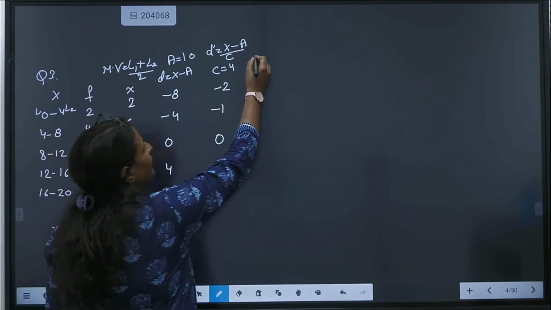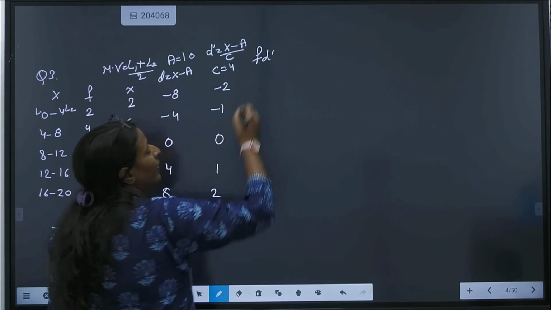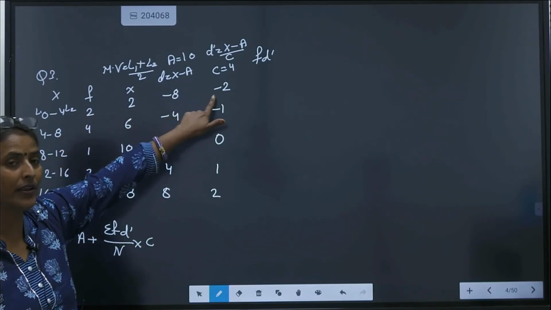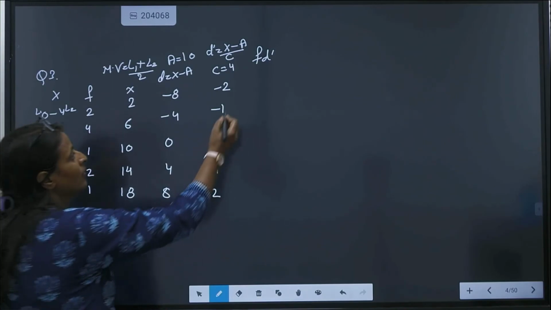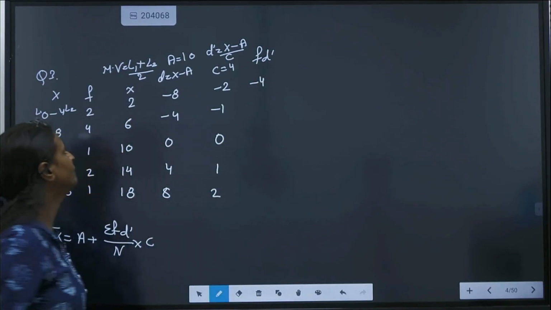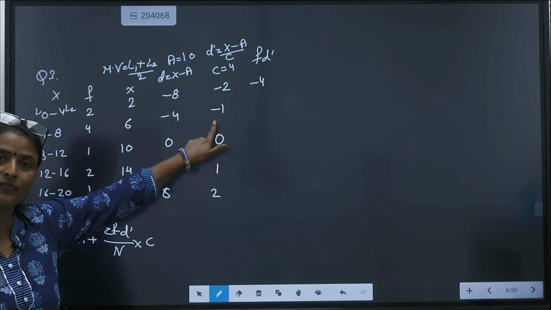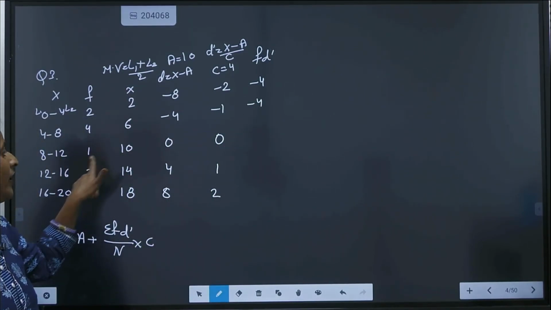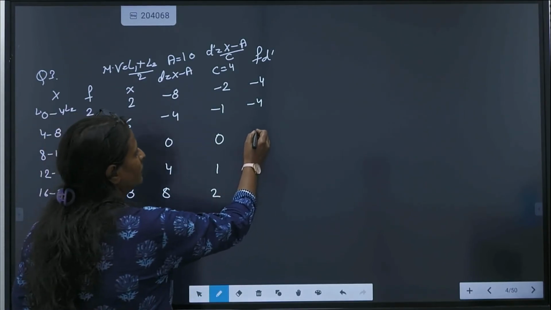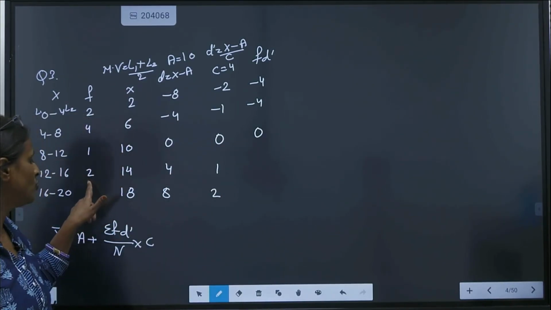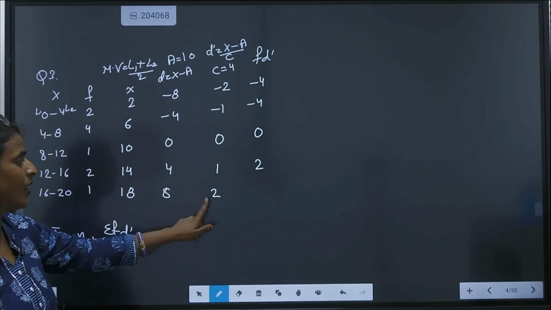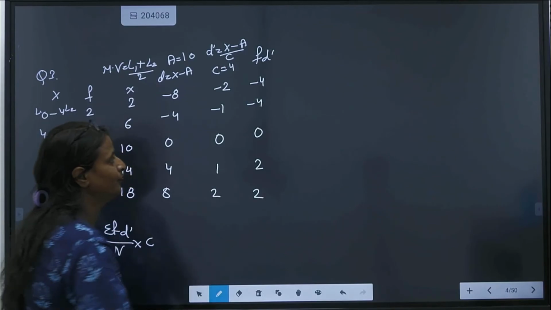Now f d dash. So we multiply the frequency with the d dash. Here 2 is multiplied by minus 2, minus 4. 4 is multiplied by minus 1, it's minus 4. 1 is multiplied by 0, 0. 2 multiplied by 1, 2. 1 multiplied by 2, 2.